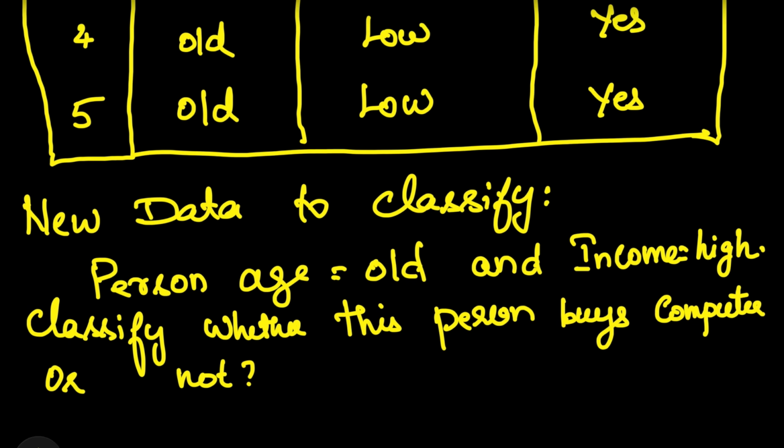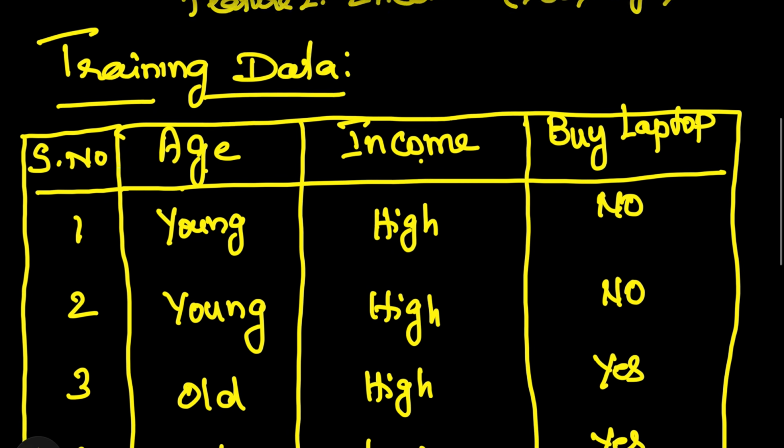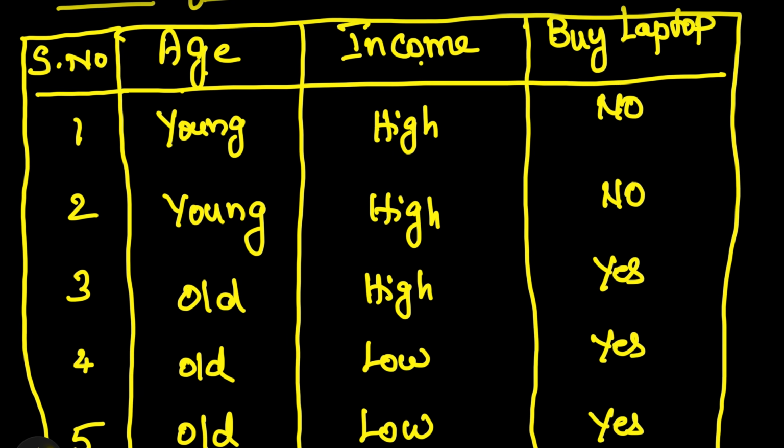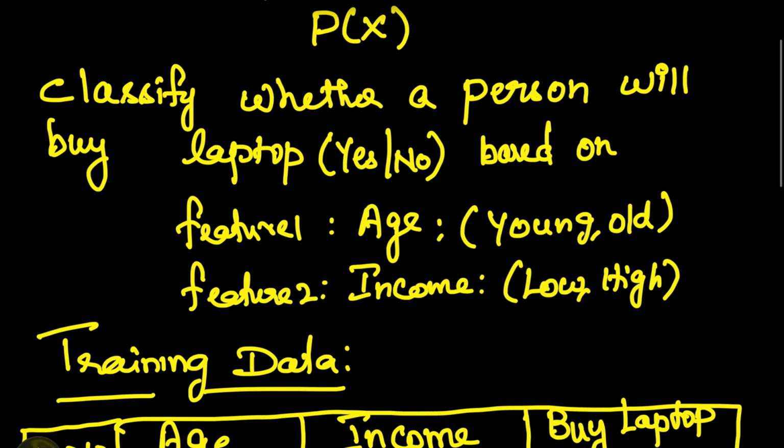Since in buys laptop, the class label for our training set consists of only 2 values, no and yes, it is a binary classification. This is called the outcome of the sample, that is, the class labels. So in the class label, we have 2 classes, which is said to be a binary classification. So we are going to apply the Naive Bayes classification algorithm here.